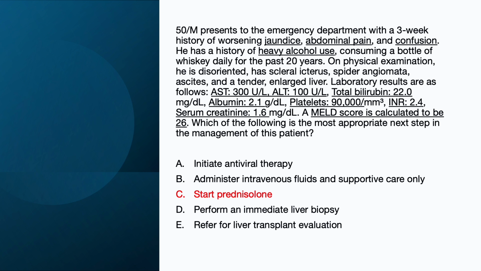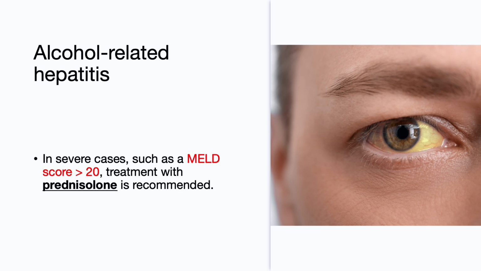The use of prednisolone is specifically indicated for severe alcoholic hepatitis to manage the acute condition. Again, in severe cases of alcohol-related hepatitis with a MELD score of more than 20, treatment with prednisolone is recommended.